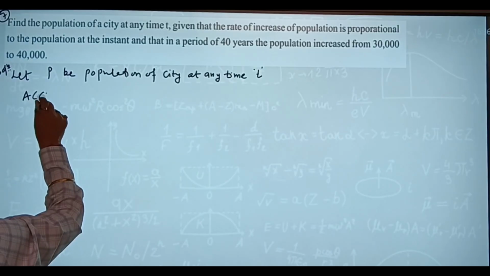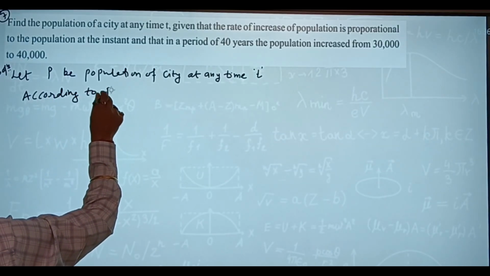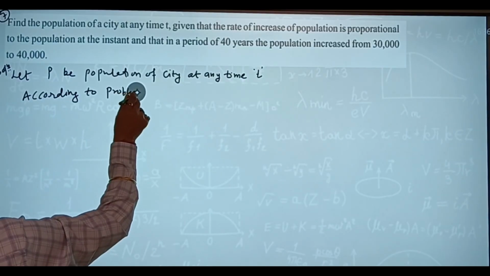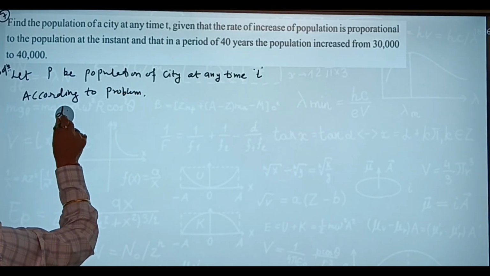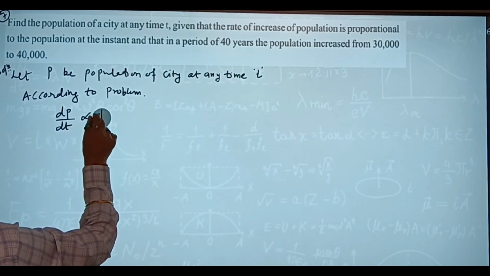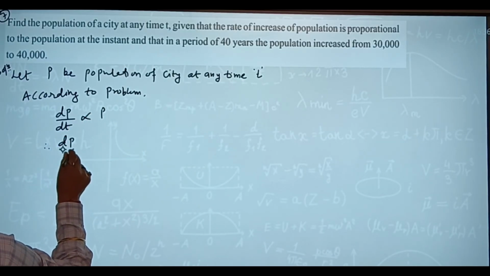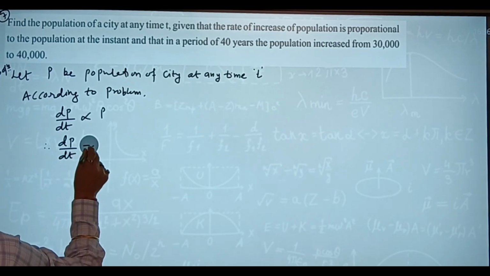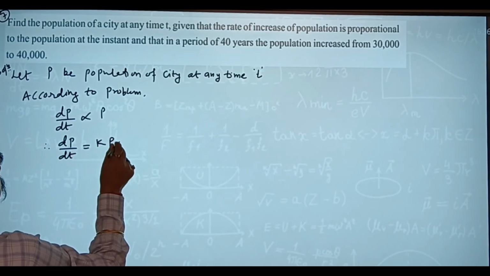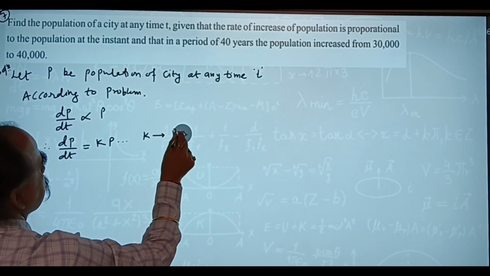According to the problem, dP by dt is what? Proportional to P. KP, K is the proportionality constant.